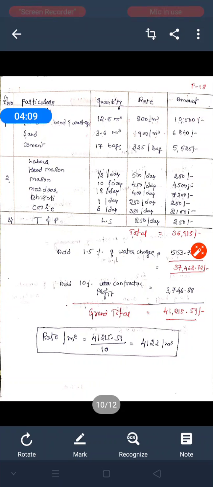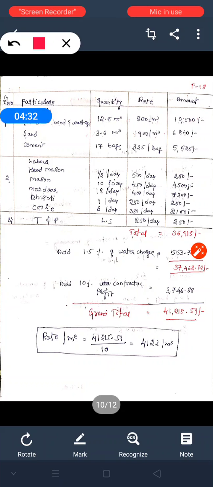Then we move on to the rate column. For stone, the quantity is 12.5 meter cube and the rate is 800 rupees per meter cube, which is the market rate for stone. Multiplying 12.5 into 800, we get the total amount for the last column, around 10,000.